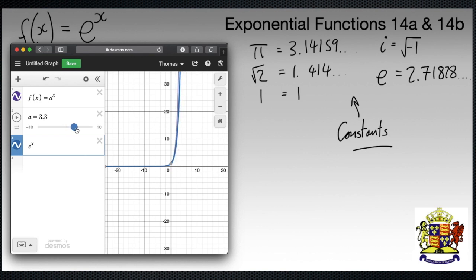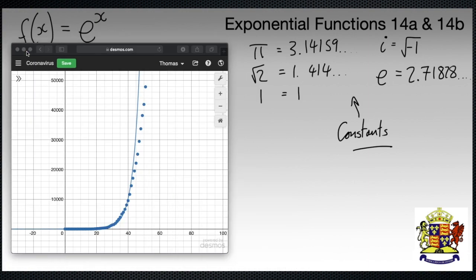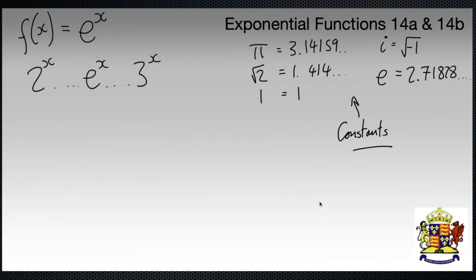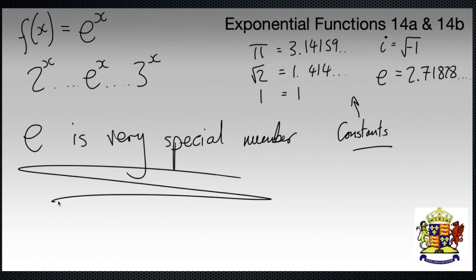Okay, so the graph of e to the x is just an exponential graph. However, e is pretty special. Okay, e is a very special number. And I'm going to show you why.